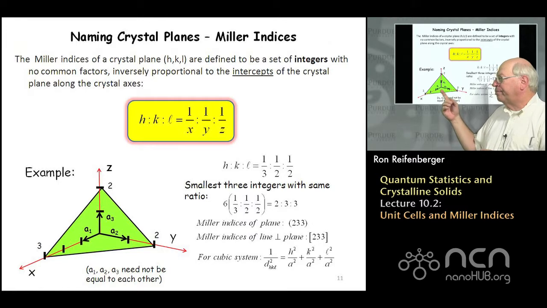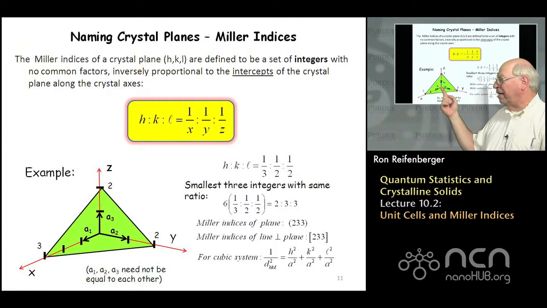So, for instance, if we want to specify the crystal plane that I've got sketched here in green, what you would have to do is find the intercept of this crystalline plane with the x-axis, the y-axis, and the z-axis. So for the example I've got drawn here, the crystallographic plane intercepts the x-axis at 3 units, it intercepts the y-axis at 2 units, it intercepts the z-axis at 2 units.